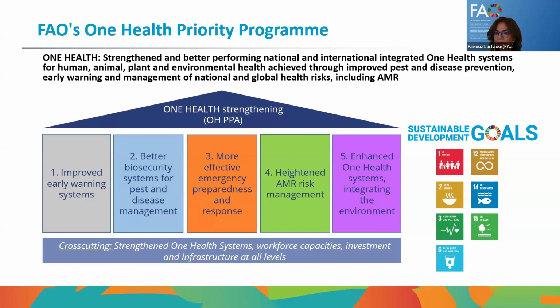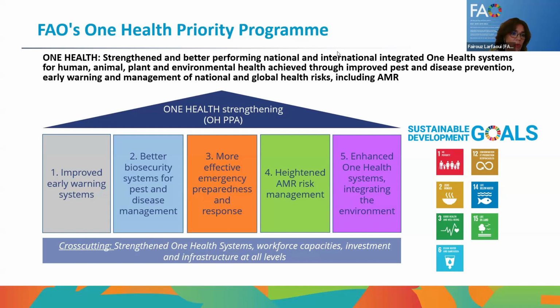This program consists of strengthening and improving national and international integrated One Health systems for human, animal, plant, and environmental health, achieved through improved pest and disease prevention, early warning, and management of national and global health risks, including AMR. You can see on the screen these 5 important pillars and the importance of having a cross-cutting approach along them.